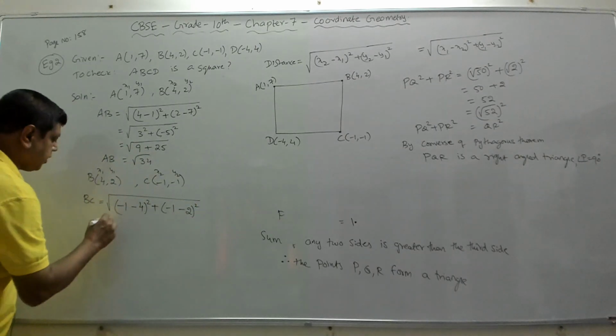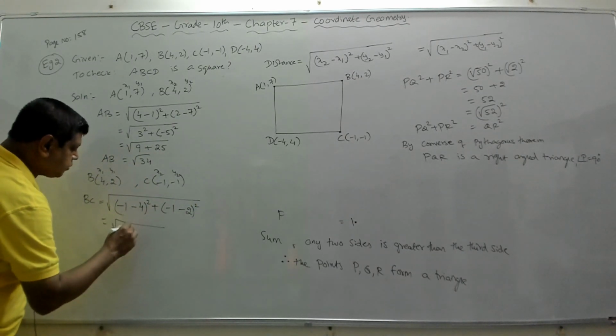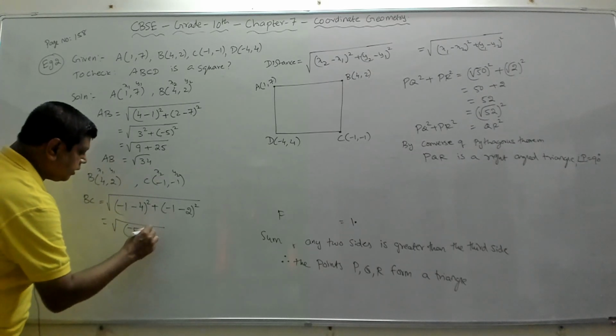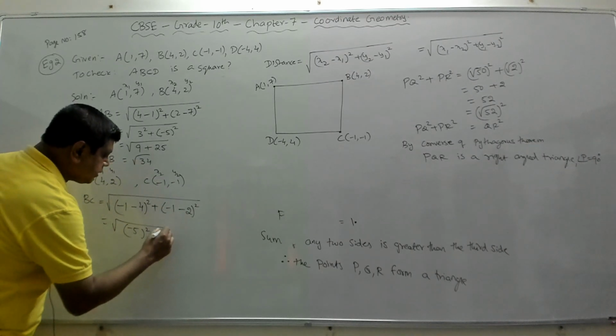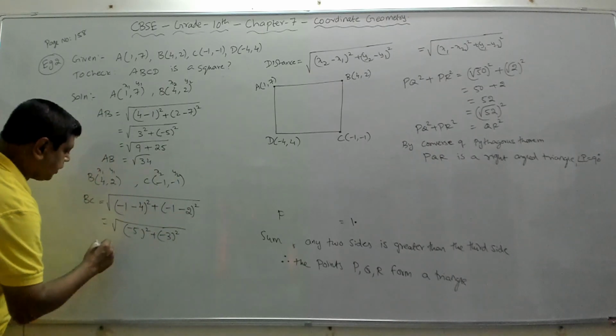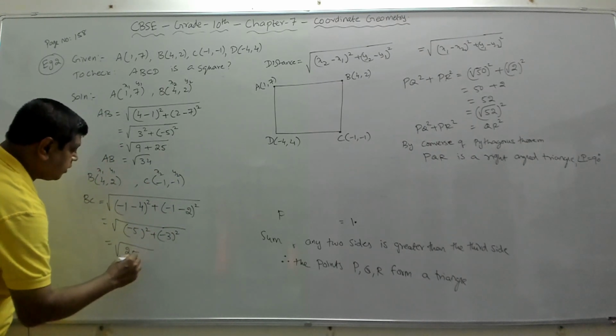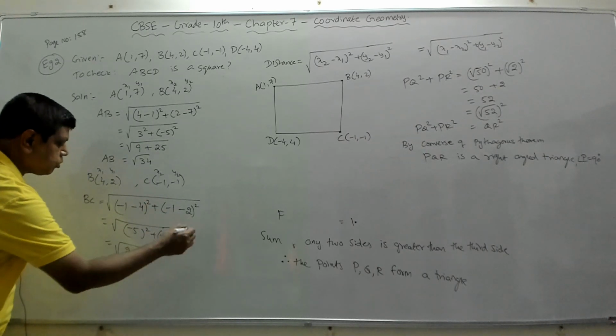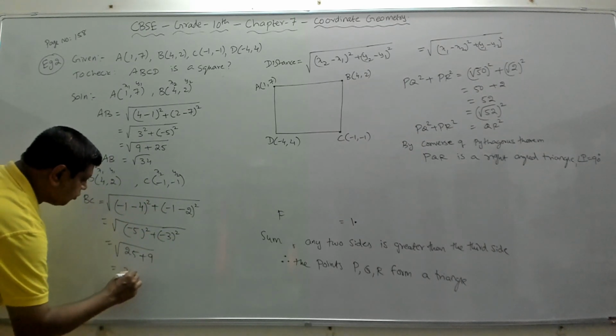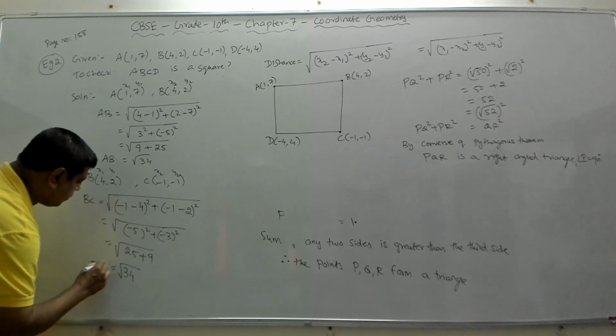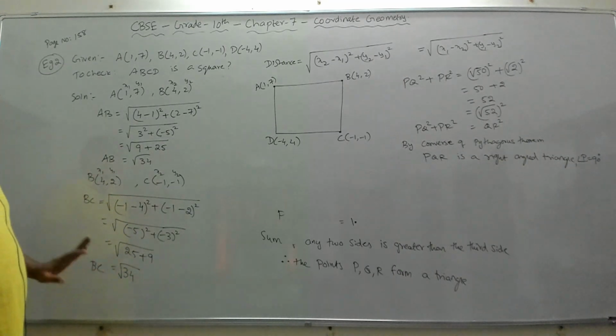Simplifying, you get square root of (minus 1 minus 4 is minus 5) the whole square plus (minus 1 minus 2 is minus 3) the whole square. That gives you square root of 25 plus 9, so you get root 34. Your BC is also root 34.